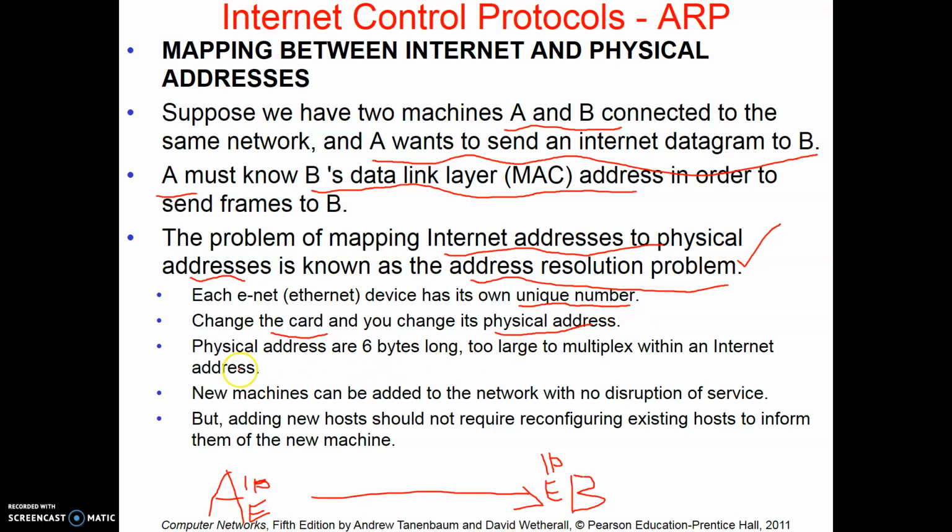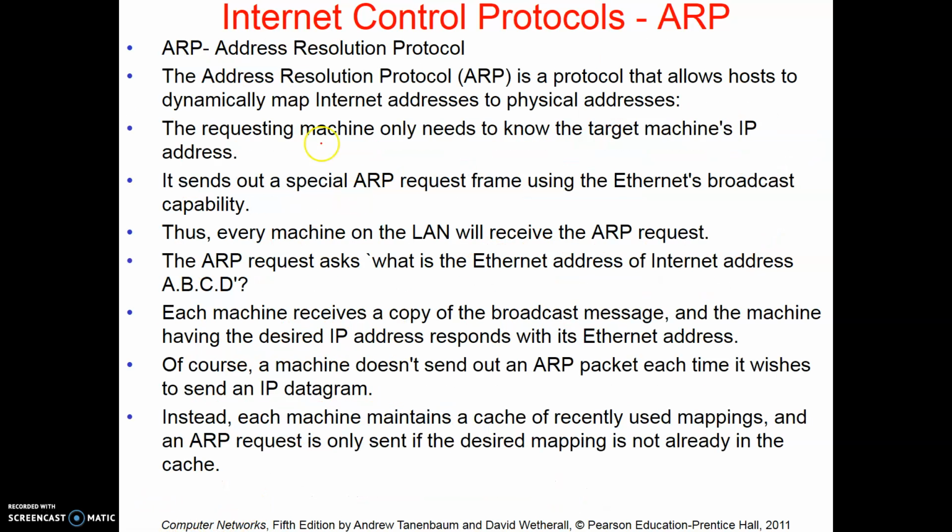And each Ethernet address is 6 bytes long, so it's not possible to send a message across the network saying that the Ethernet address has been changed. Also, if new machines are added to the network, we need to know the new Ethernet address of that system. In order to deal with this, we came up with the address resolution protocol.